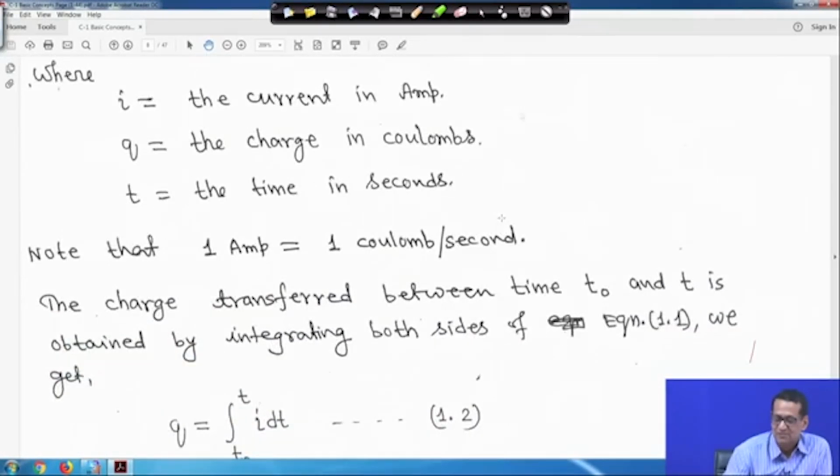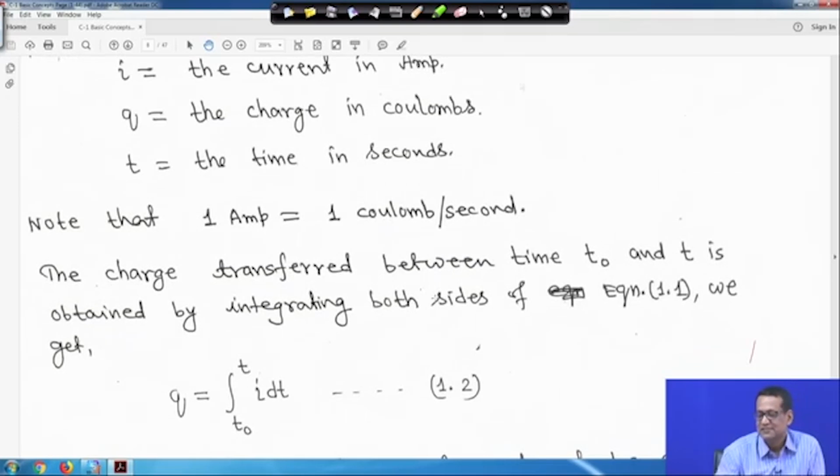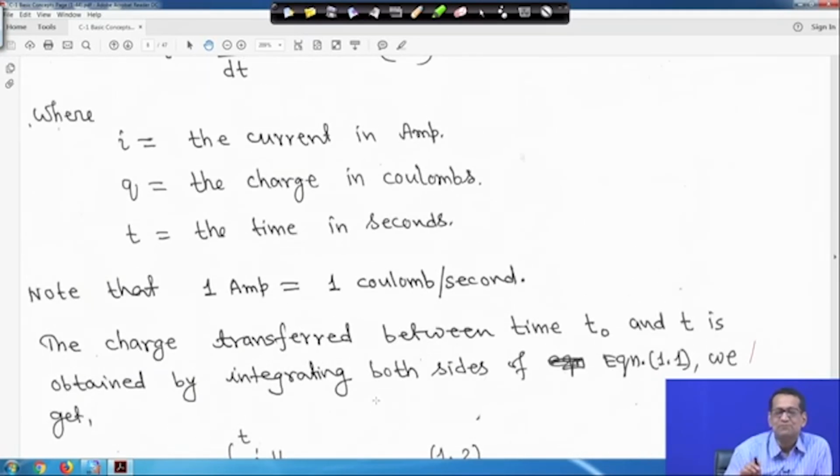The charge transferred between the time t0 and t is obtained by integrating both sides of equation 1. Suppose the initial time is t0 and the final time is t.